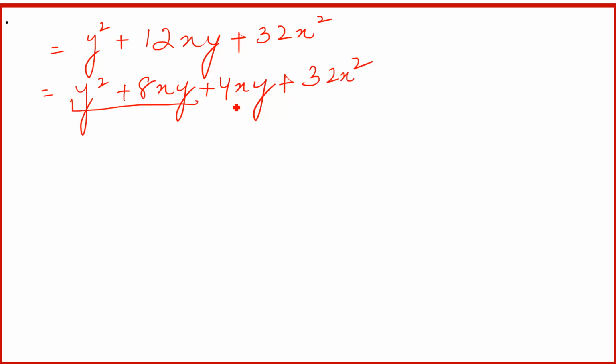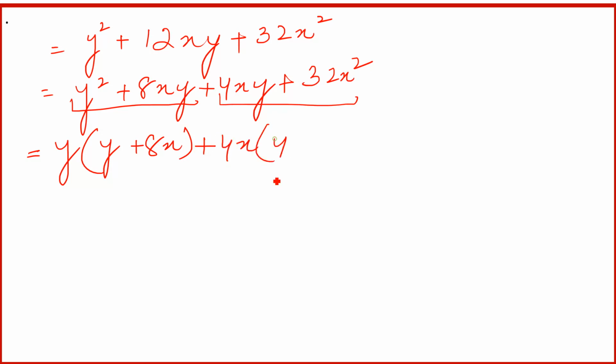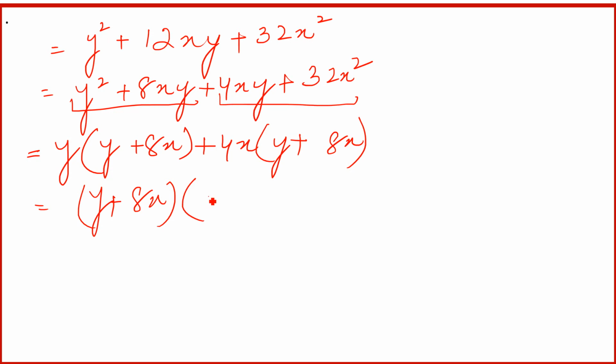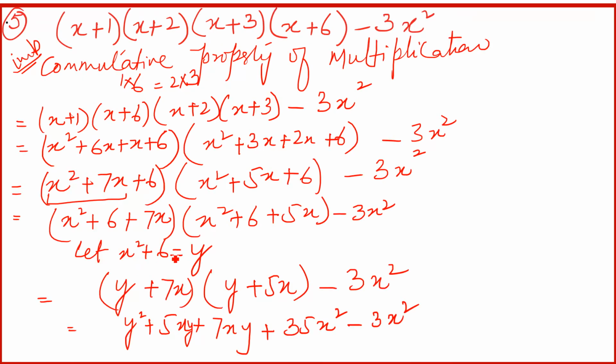You have to take y common: y plus 8x. Exactly the same thing should come in the next parenthesis. So it is y plus 8x multiplied by y plus 4x, right? What we supposed here is y is equal to x square plus 6.